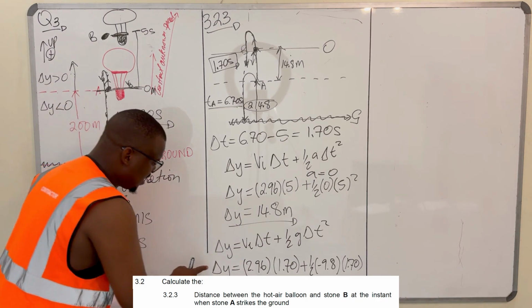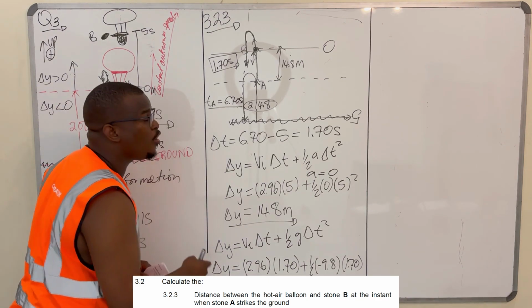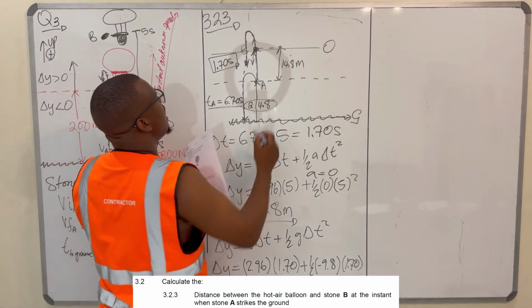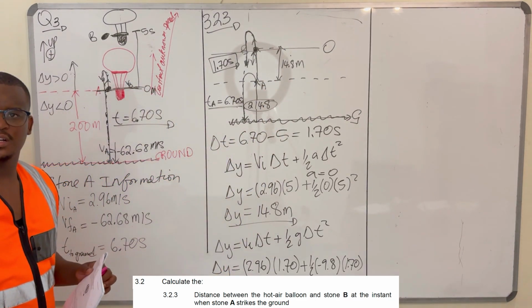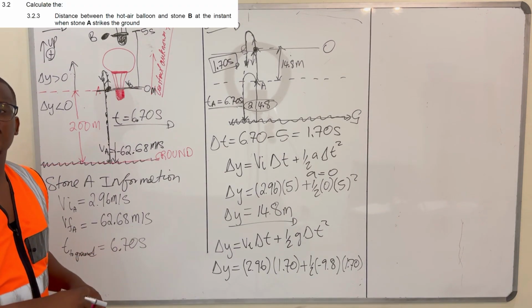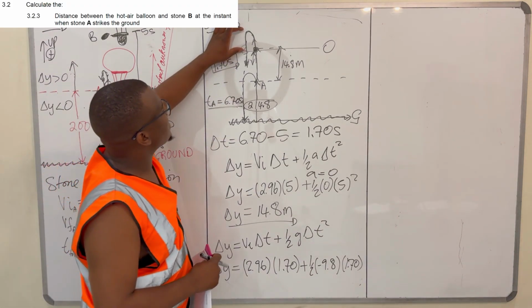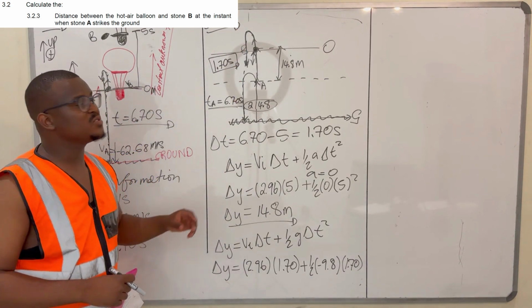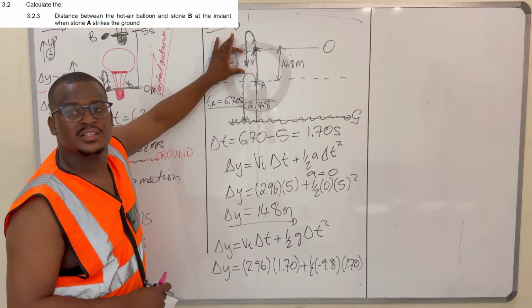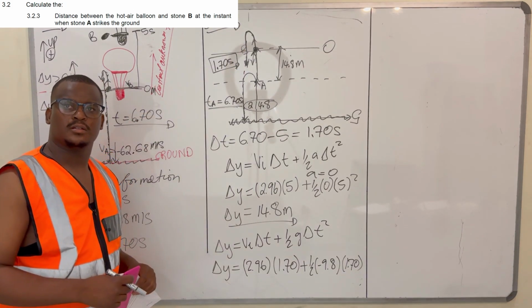The answer you get here will be the displacement of stone B, which means how far above or below its starting position. The sign of the answer will tell us if the stone is still above the starting position or below it.